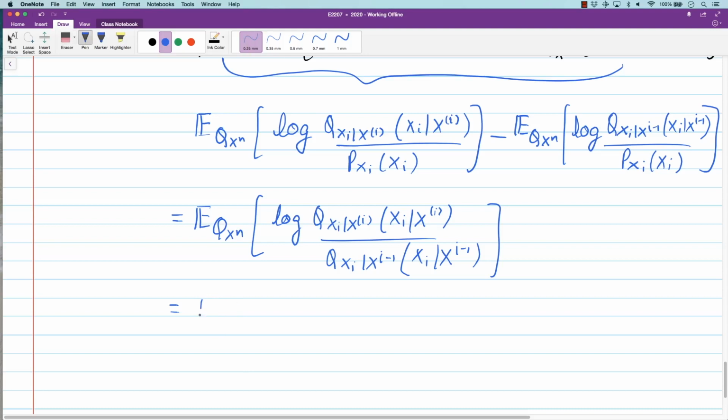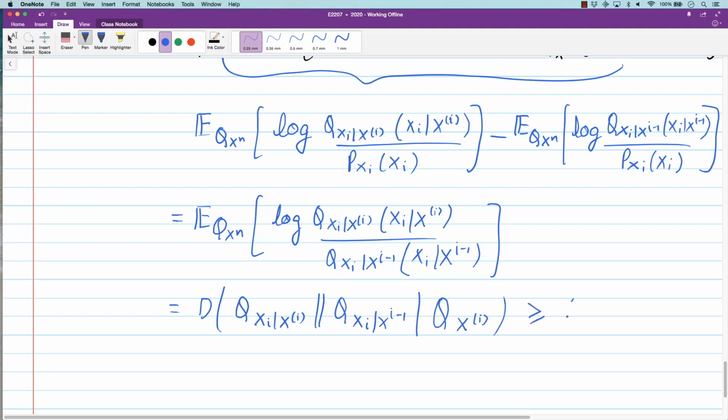Maybe a better notation is that of conditional divergence. This is the conditional divergence between xi given x past and another measure where we just take the marginal given only the first i minus 1, not the i-th part, and averaged over xi.